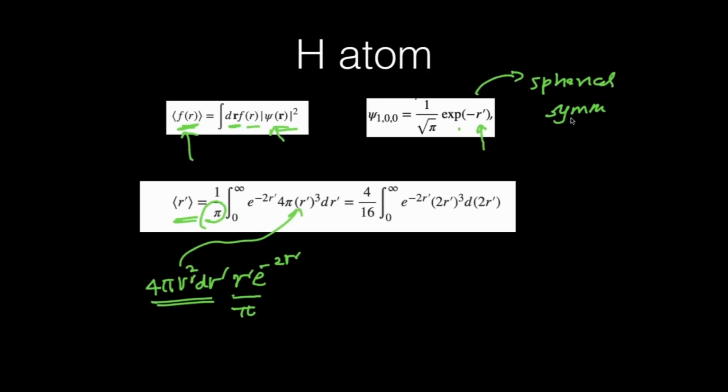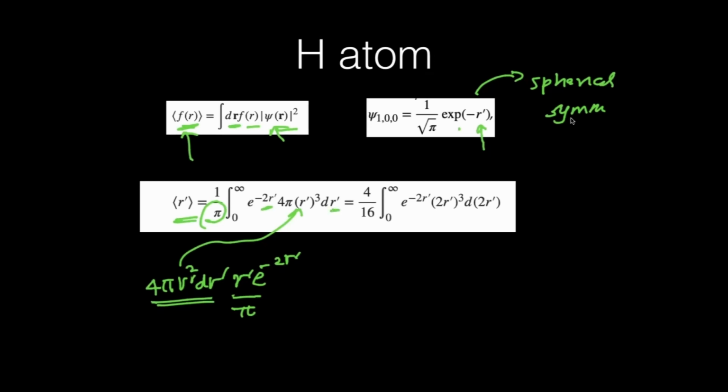So what do I get? This pi will cancel, but the 4 is coming out. But there's a problem, no? The argument of the exponential is minus 2r prime, but the integral is over dr prime.